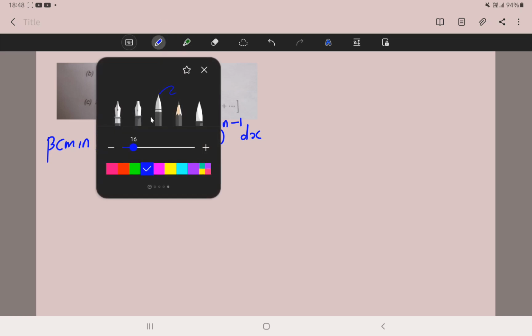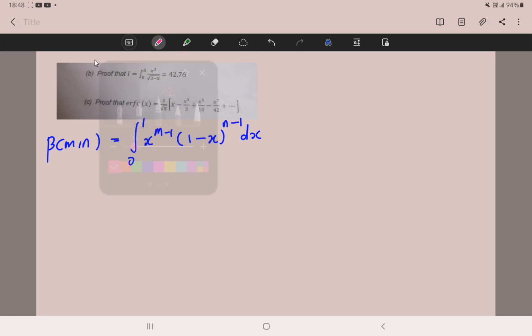Our question B is the integration from 0 to 3 of x cubed times 3 minus x to the power of minus half dx.